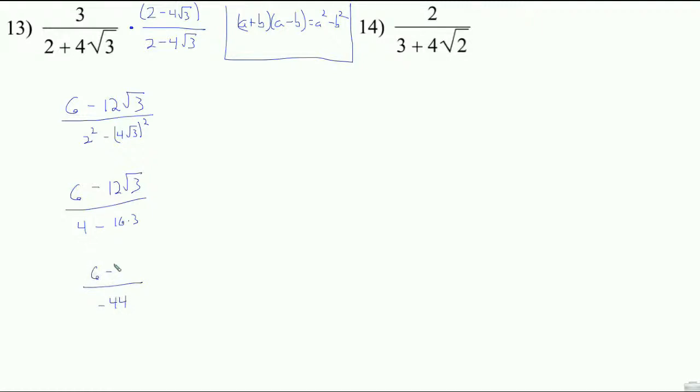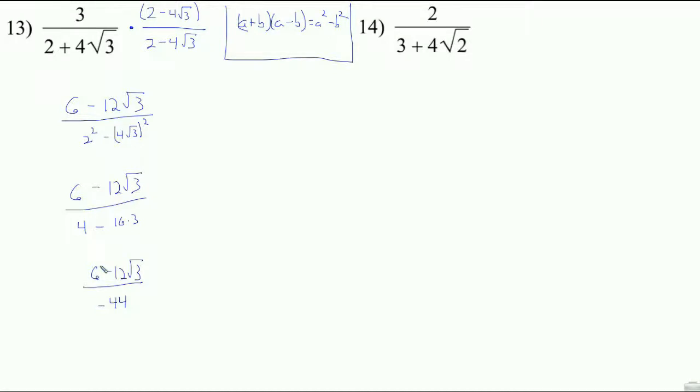That's in our denominator. Now this is a case where we notice in each term 2 goes into 6, 2 goes into 12, and 2 goes into 44. And so when that happens, if the same factor goes into each term, not what's under the square root, but out here, then we can reduce by that.